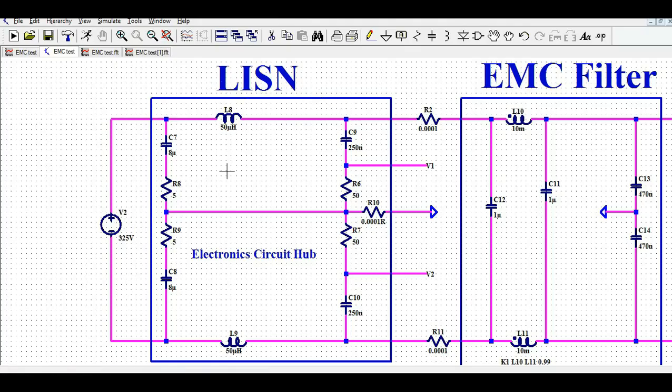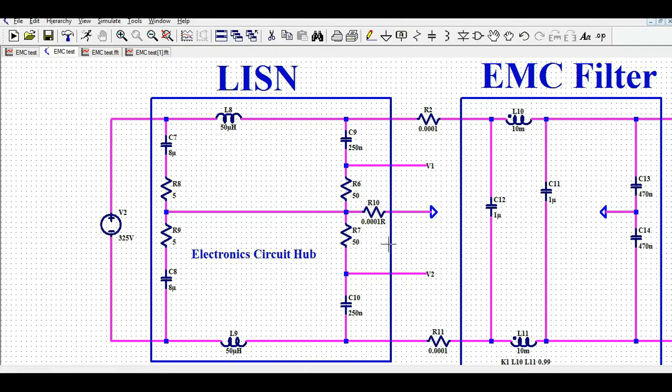LISN circuit, so line impedance stabilization network circuit. I have tried to model the different lumped components, the capacitors, inductors and resistors, to design a LISN model. And if you look at this side, I'm using 50 ohm impedance.